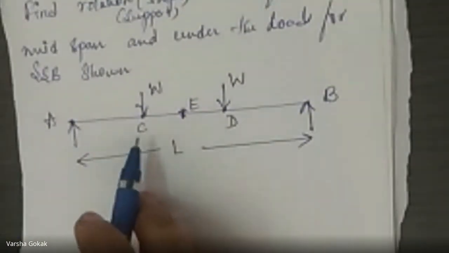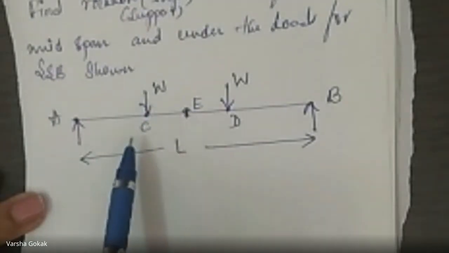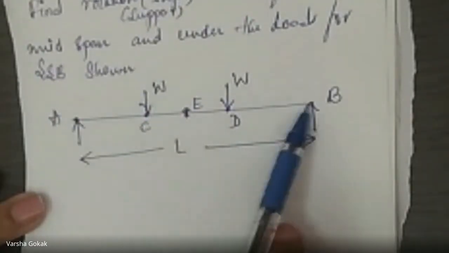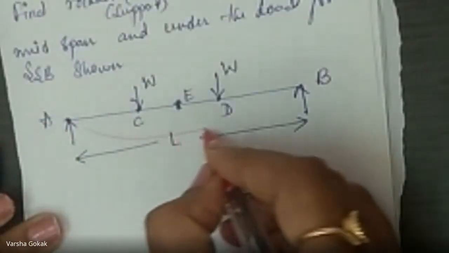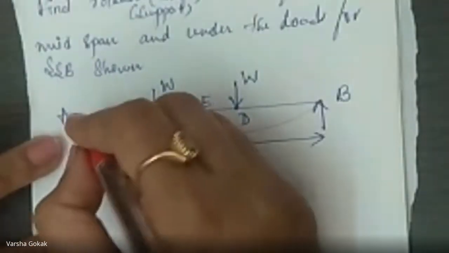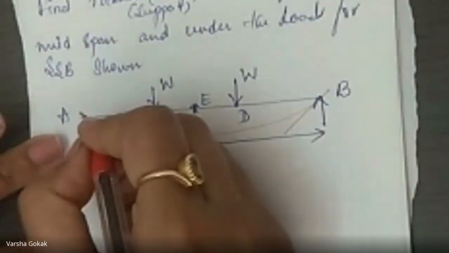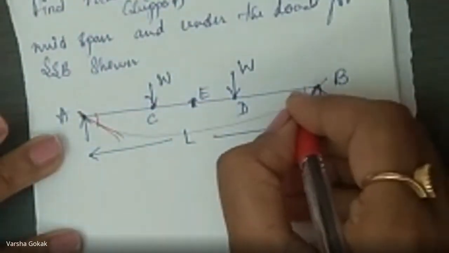So we have to find the slope and deflection for this simply supported beam where there are 2-point loads, and we have to find the slope at the support. The beam is going to deflect like this because of the loading. We draw a tangent to that elastic curve like this, and this would be your theta that we find.